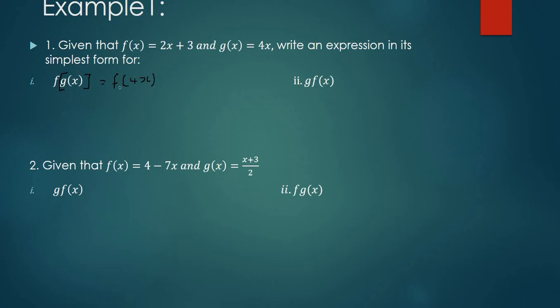Alright? And from here, it's just about simple substitution. What this is saying is, wherever you see x in the function f of x, replace it with 4x. So this is going to simplify to 2 times, instead of writing back x, we must replace x with 4x.